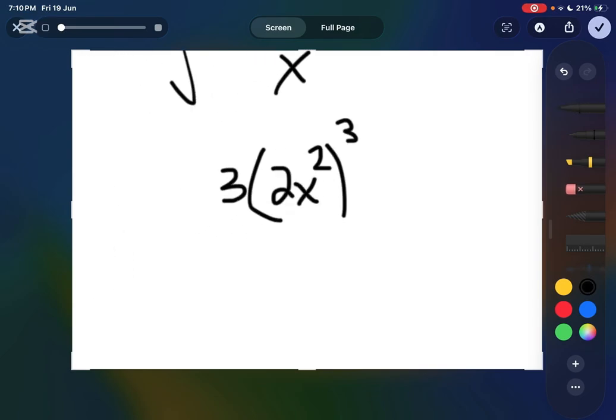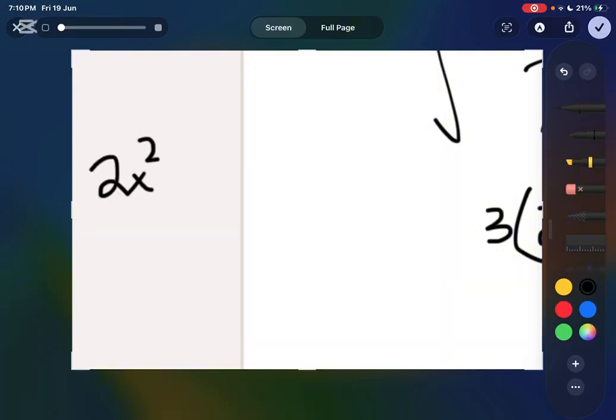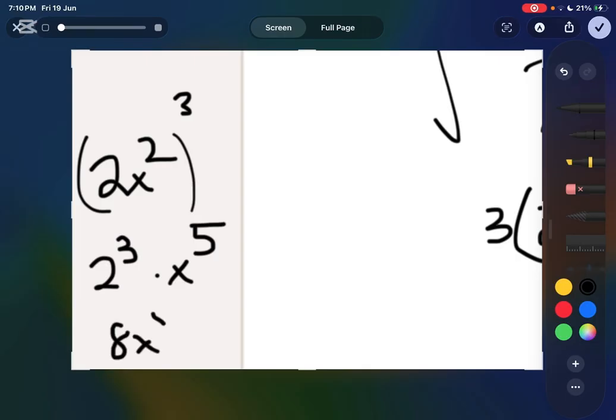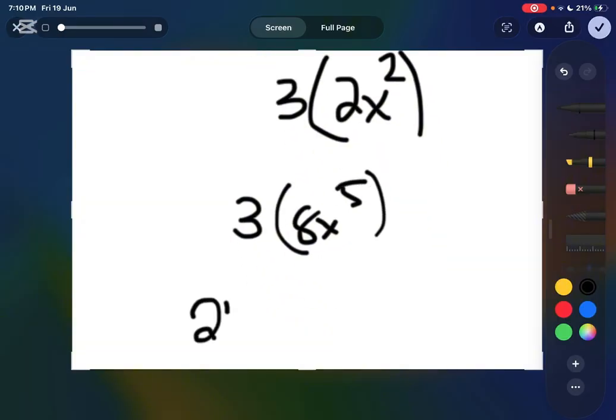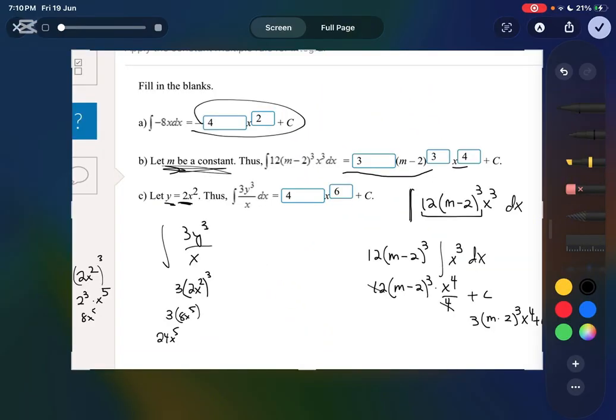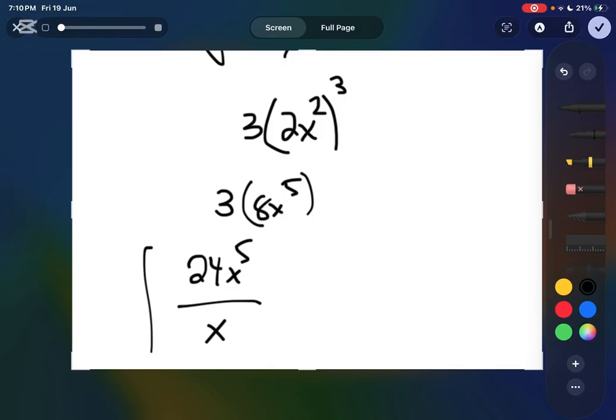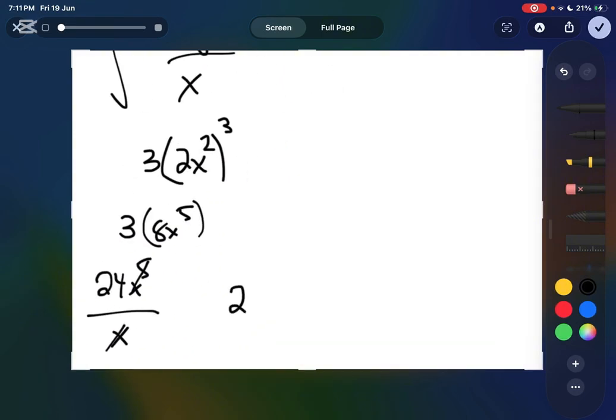So 2x squared to the power of 3 is 8x to the 6, and then 8x to the 6 times the 3 becomes 24x to the 6, over x. And since 24 is a constant, first you can cancel this and this.